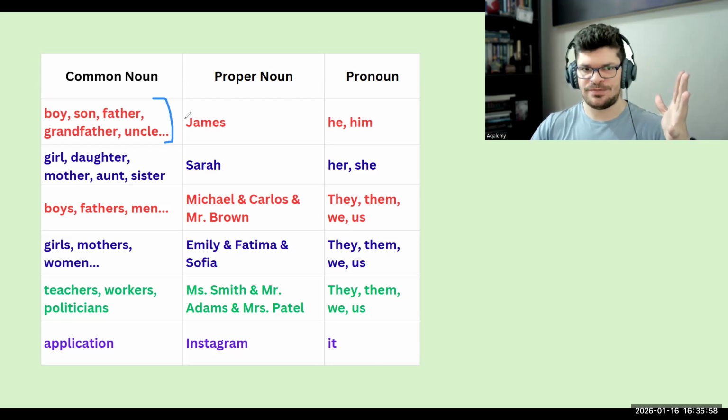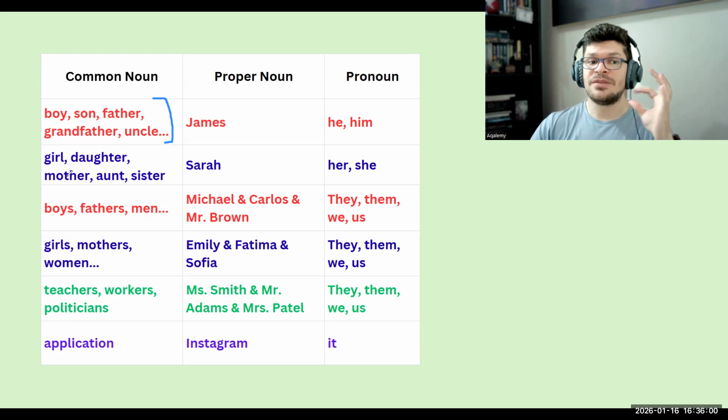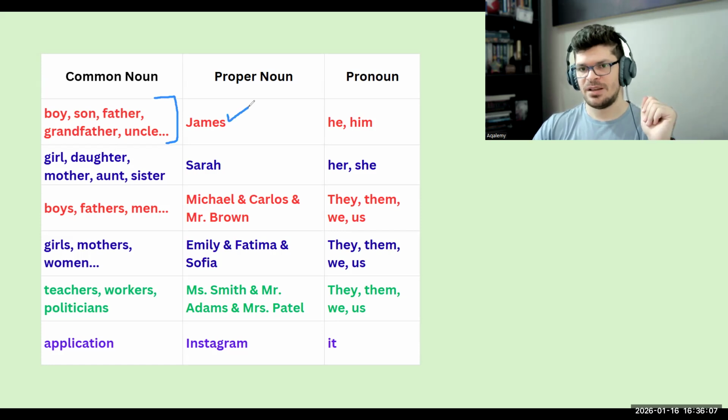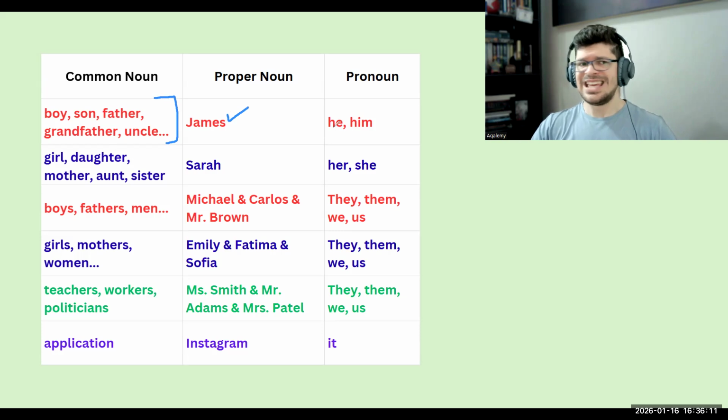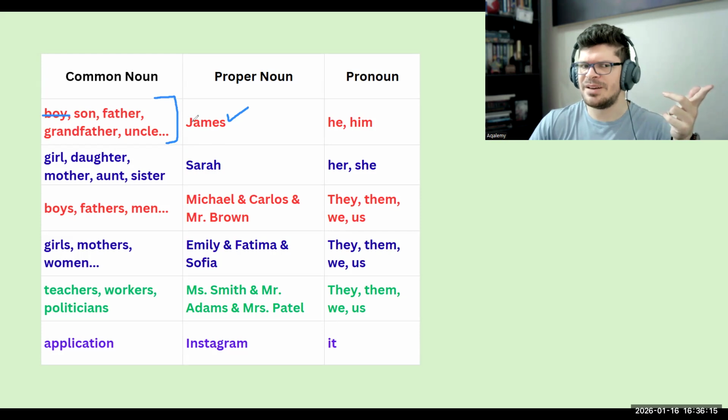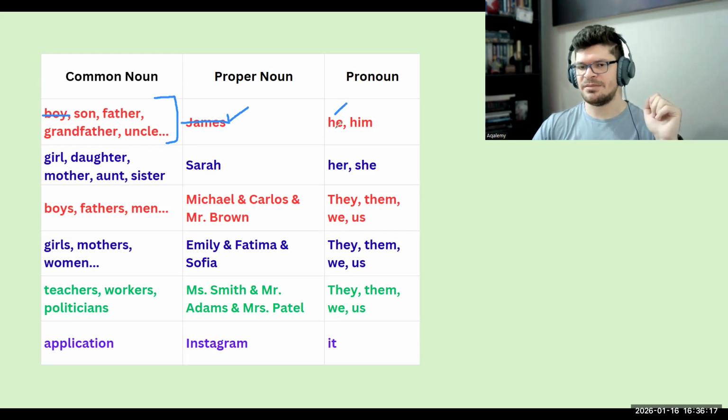These are general. If I want to give a specific name for these common nouns, I just say James. Or Mark, you give any name. If I don't want to say boy, or if I don't remember the name, I say he. Oh, he did it.